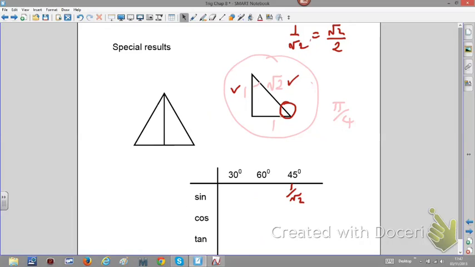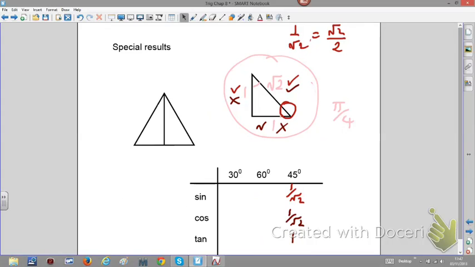Now cos of that angle would be the adjacent divided by the hypotenuse. And that's 1 over root 2 again. And then tan is the opposite divided by the adjacent. So that's 1 divided by 1, which is 1.